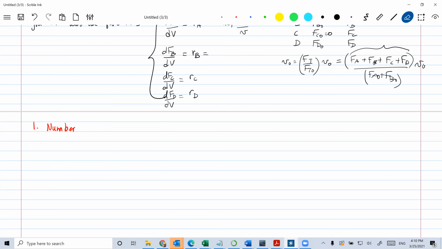So if you have, let's say, 5 reactions, you number the reactions. Second thing you do, you write the mole balances. Now 1A, well, I guess it's 3, is to choose your basis.